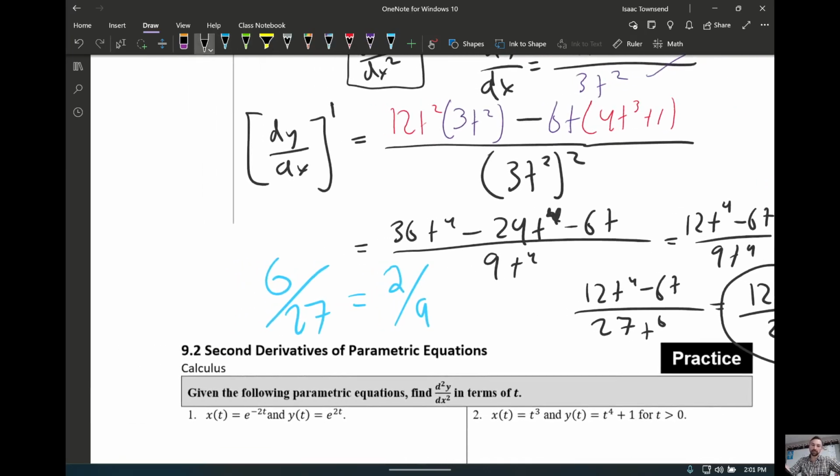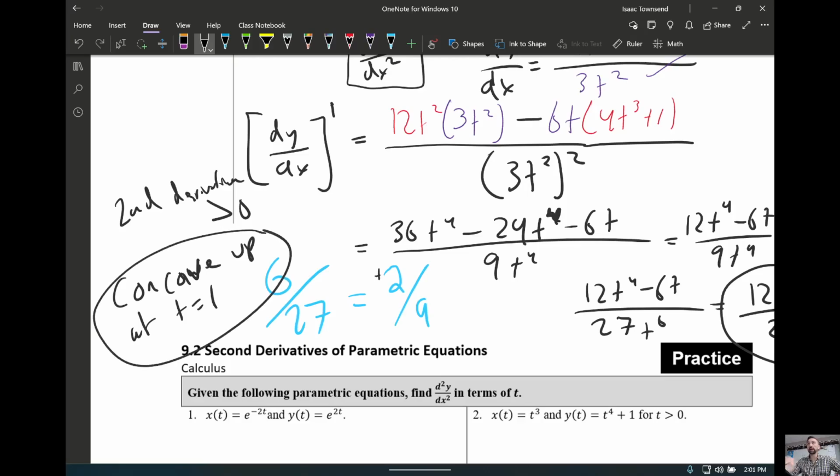Okay, so finally, we can say the second derivative is positive, because 2/9 is positive. So we know it is concave up. It's not just concave up, it's concave up at t equals 1.